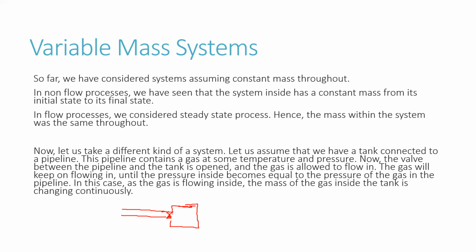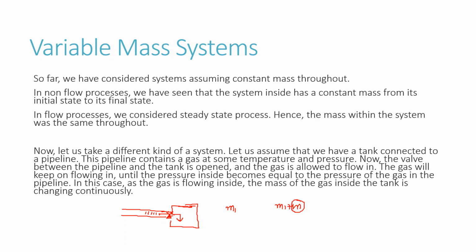Now if I open this valve, the gas from this pipeline will start flowing into this tank. So at the initial state, let's say the mass is m1, then after the gas has flown inside, the mass is going to be m1 plus m, where m is the mass of gas that has entered.